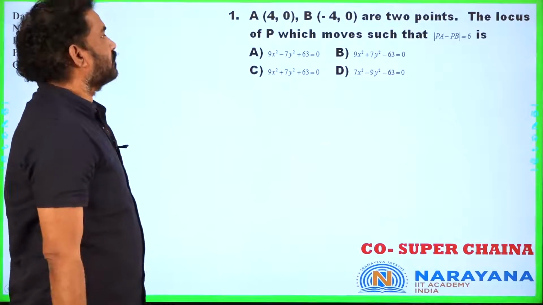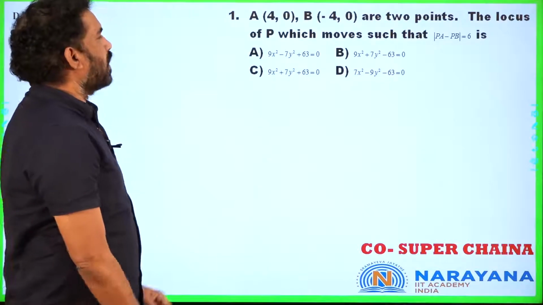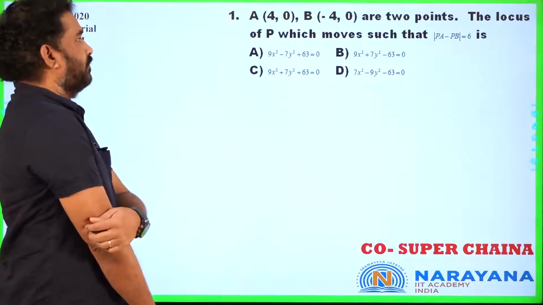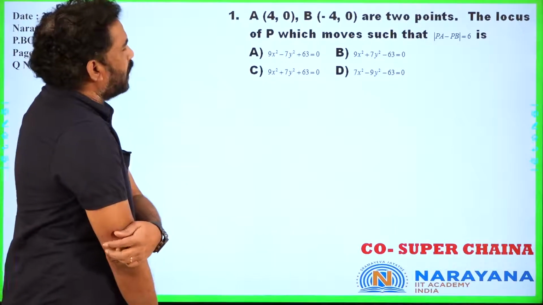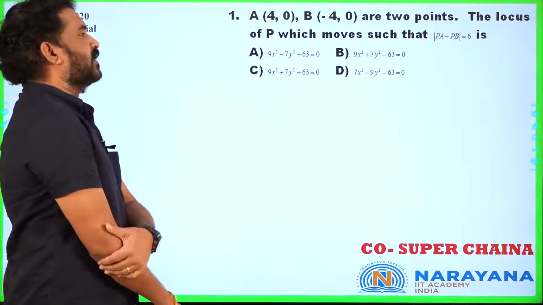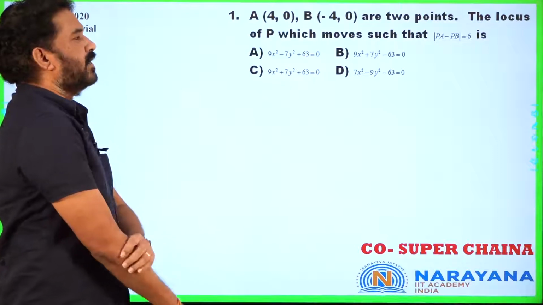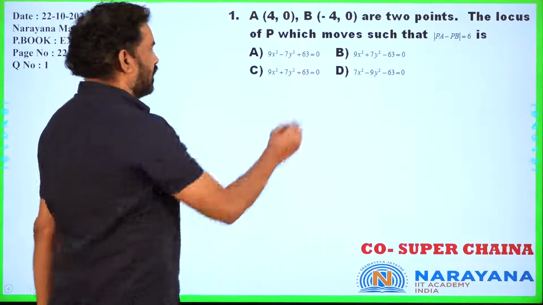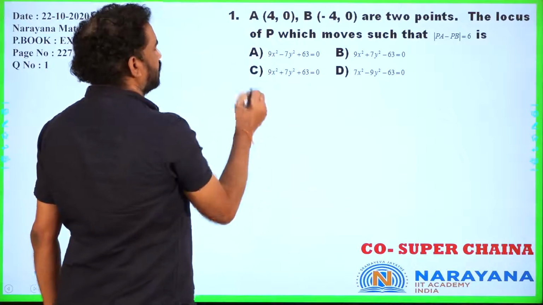Next. A (4, 0) and B (-4, 0) are two points. The locus of P which moves such that mod of PA minus PB equals 6. Mod of PA minus PB, that is what they are given. So point A is this one.